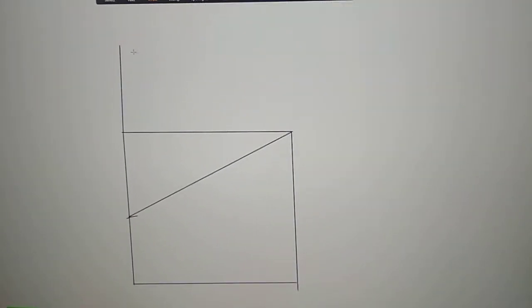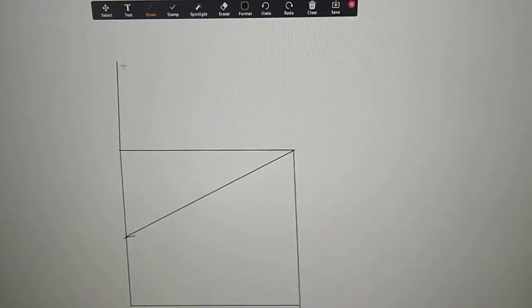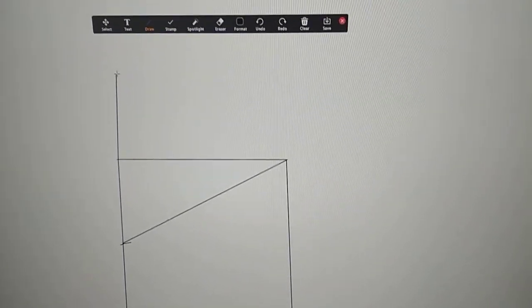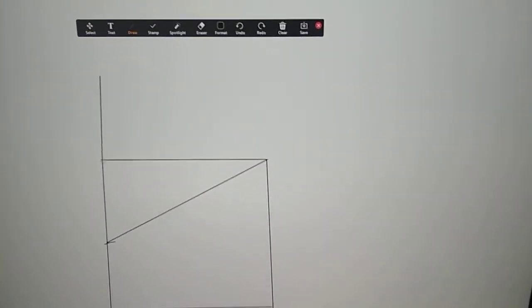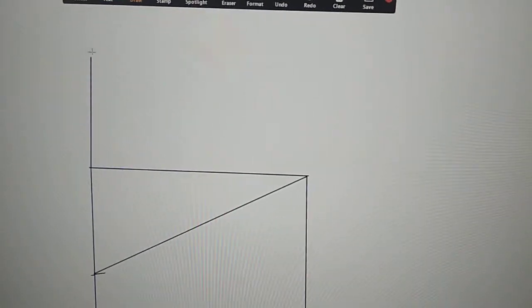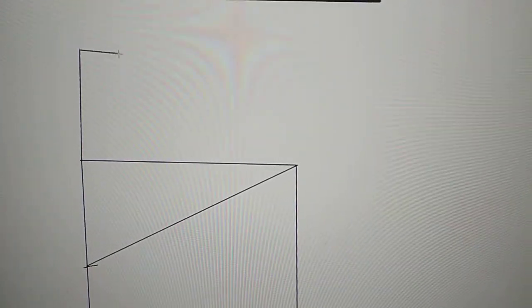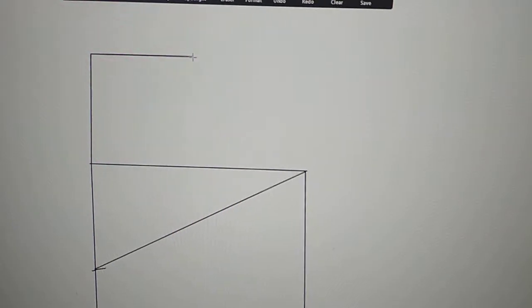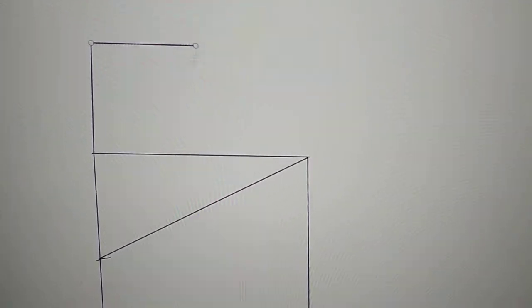Now what we're going to do is from this point we can construct a line parallel to this straight line and equal to this. So we do it. Okay.